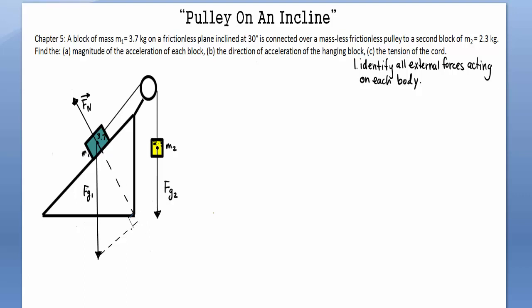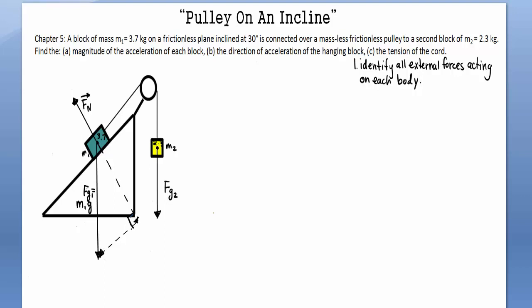So now I've drawn in the x and y components of the gravitational force, and Fg is equal to M1G. It'll be this mass times G, and let me write out the components here very quickly.